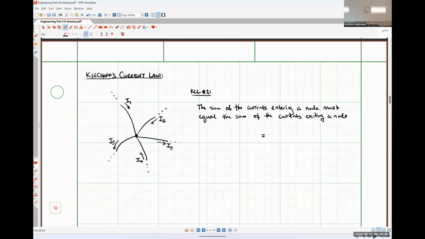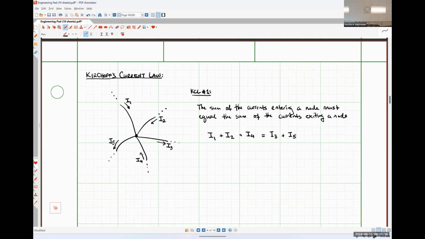And the currents that are flowing out on the right-hand side of the equal sign, we would have I1 is flowing in, plus I2 is flowing in, plus I4 is flowing in, will equal I3, which is flowing out, plus I5, which is flowing out. Nothing particularly wild or crazy there, right?